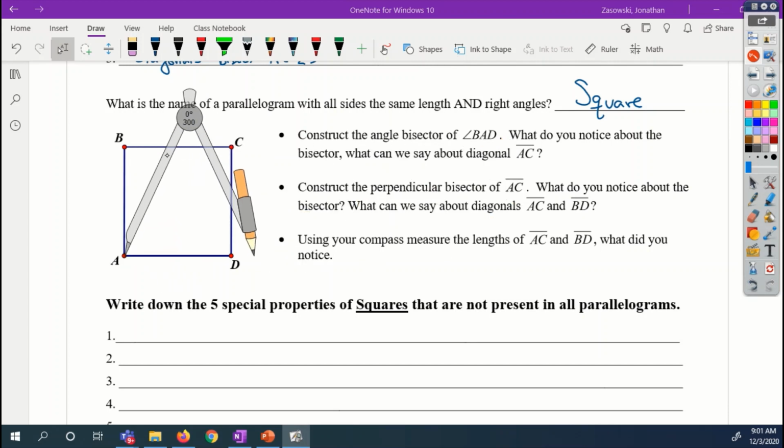All right. Remember, we're bisecting angle A. BAD means A is the vertex.